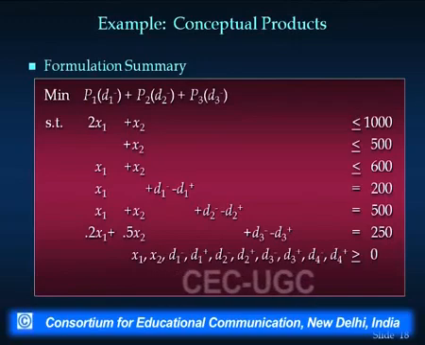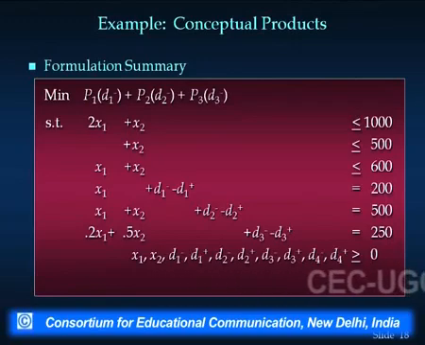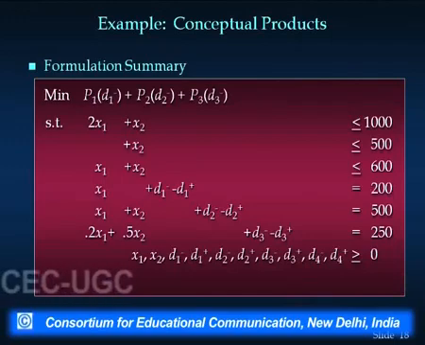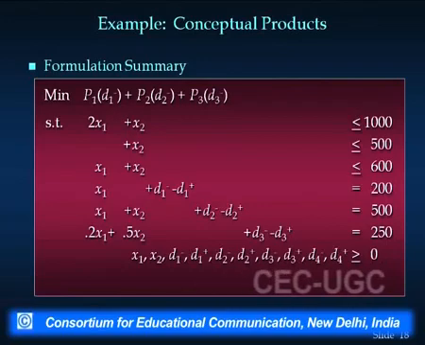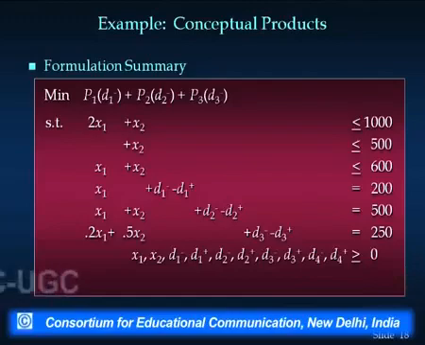And now our functional constraints will be added here. 2x1 plus x2 less than equal to 1000, x2 less than equal to 500, and x1 plus x2 less than equal to 600. And now goal constraints.